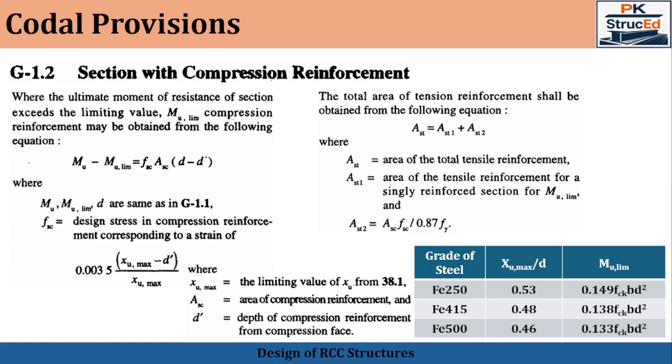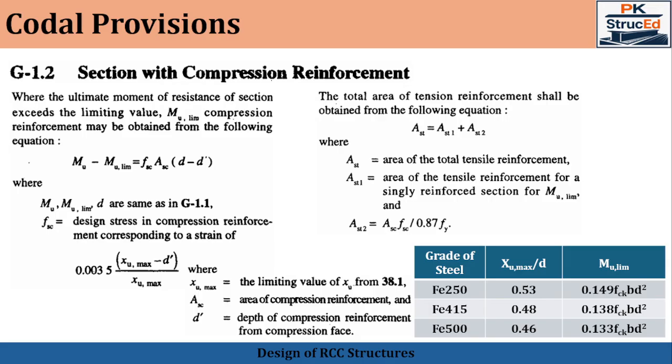Second, when the bending moment exceeds the limiting moment capacity, that is Mu is greater than Mu limit. And finally, if a reversal of stresses is expected, for example in continuous beams, in such circumstances compression reinforcement may be allowed, thereby the section will behave as a doubly reinforced section.